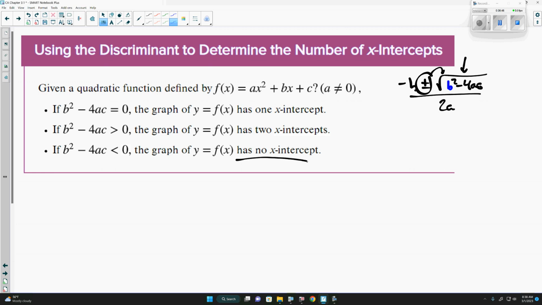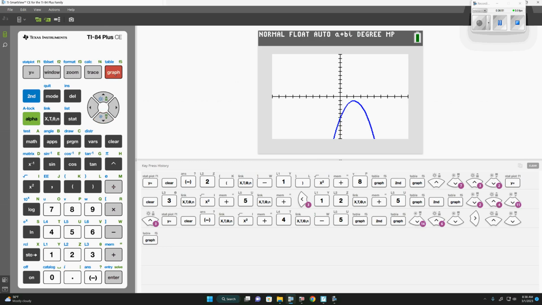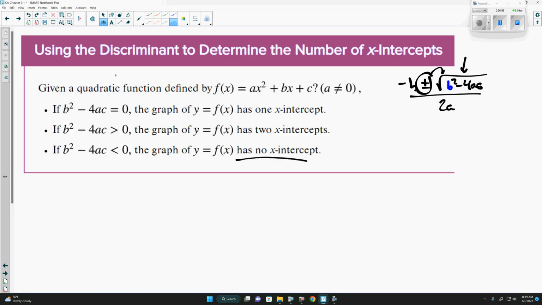It's going to be above or below the graph, which on our last graph, it didn't cross it, which tells us the value b squared minus 4ac is going to be less than 0. We have these complex solutions.